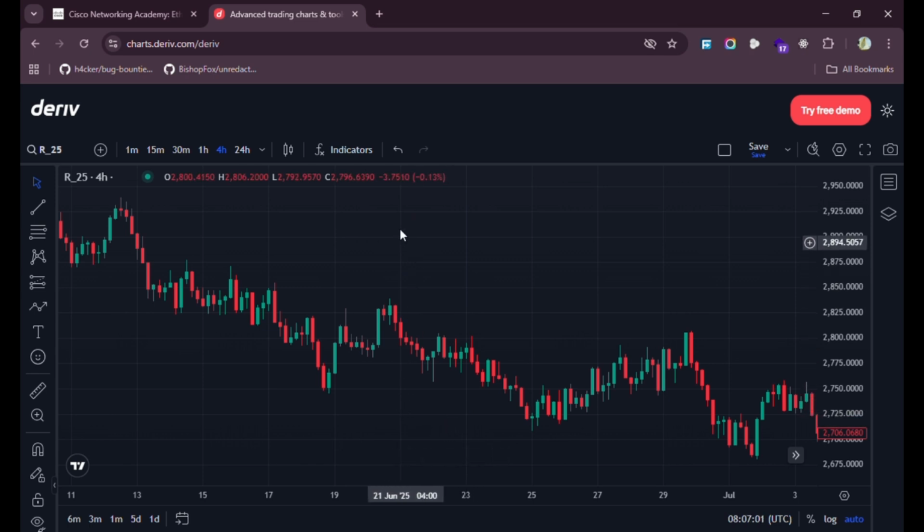Remember, buy-side liquidity is where the stop losses of many retail traders are. So the market tends to move to that point, which will lead to a liquidity sweep. Then the market will go for the sell-side liquidity on the top, take out the liquidity. Yeah, that's how the market behaves.